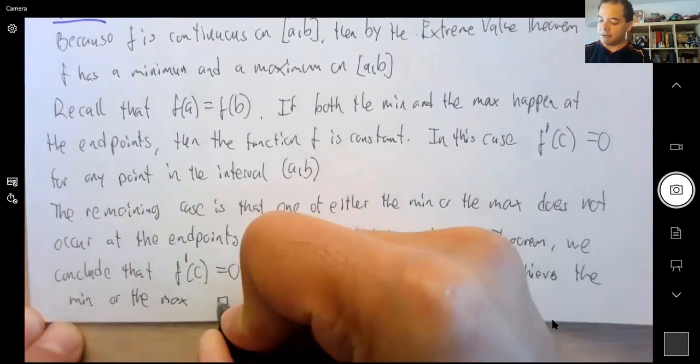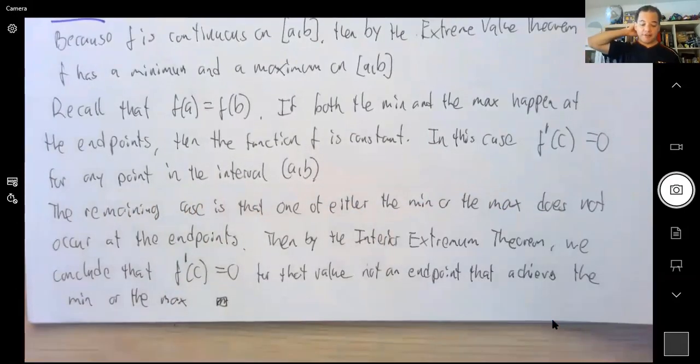And that's it. That's what we wanted, to show a point that has 0 derivative. Is that clear? How easy it is? So the argument is very, very straightforward.